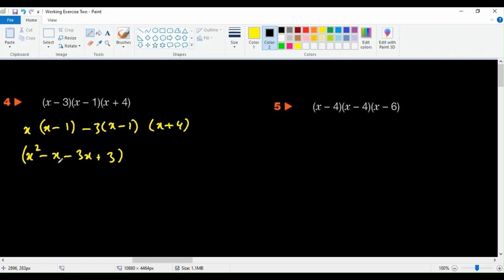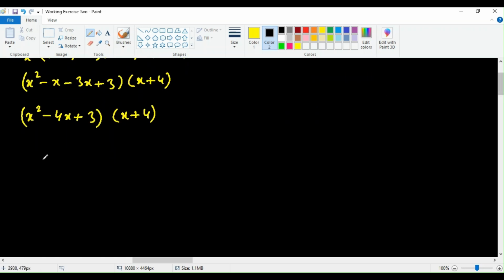So this comes in one bracket, and x plus 4 comes in another bracket. Simplification of the first bracket is going to give us x square and minus 4x and plus 3 in one bracket, and x plus 4 comes in another bracket. So finally, what I will do is I will write x square minus 4x plus 3 two different times.